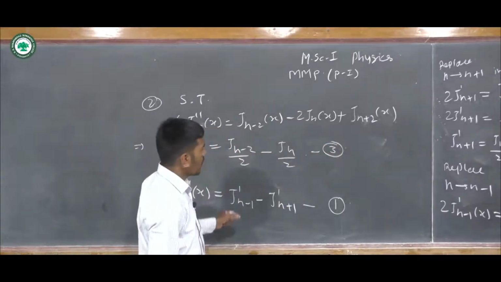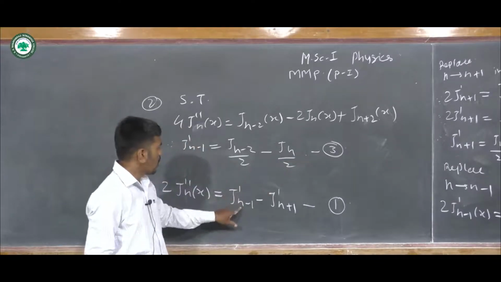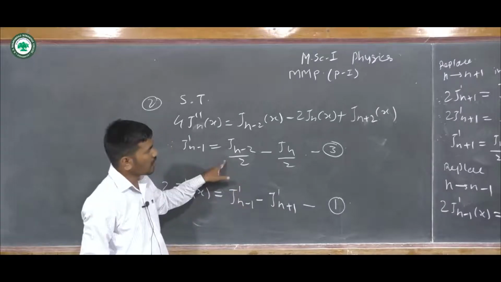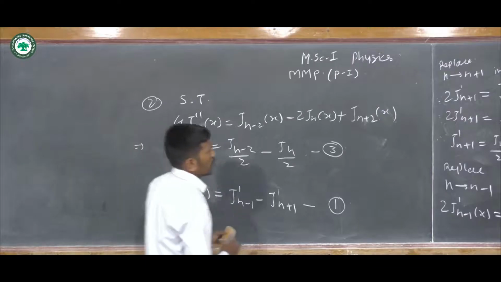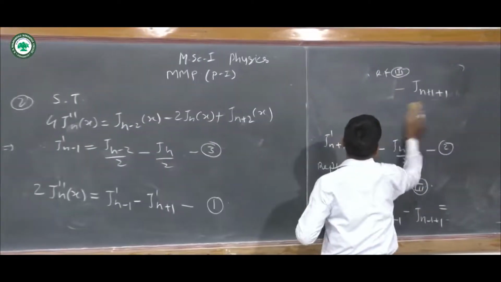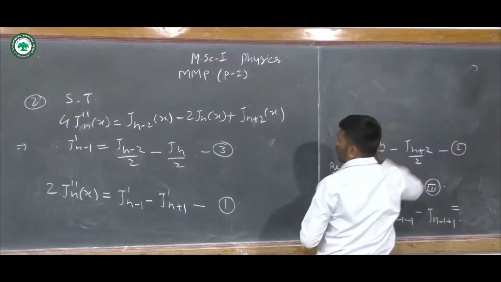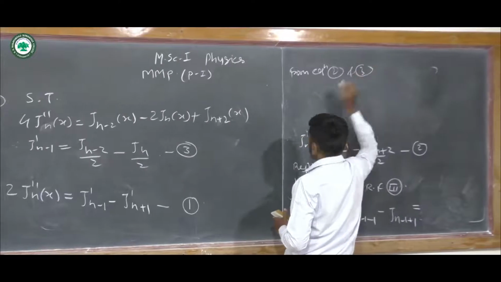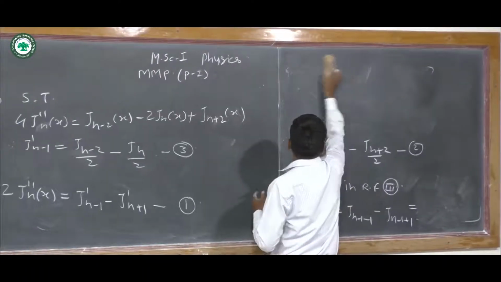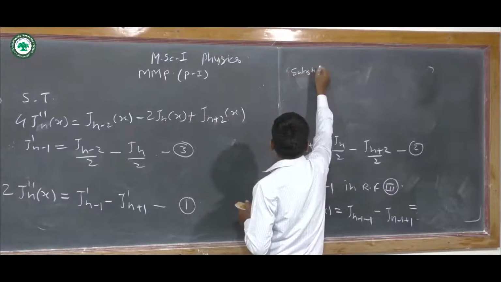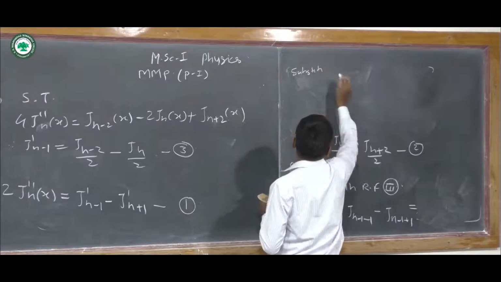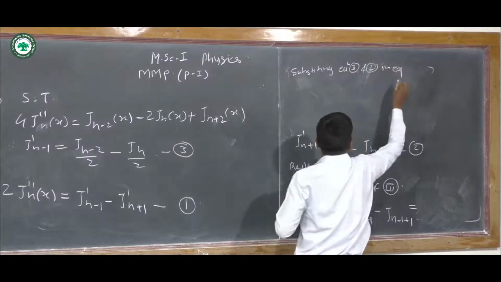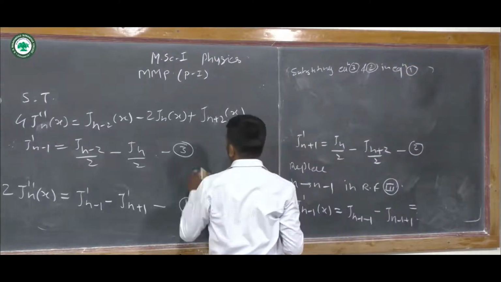Now from equation number second and equation number third, I take J'(n-1) from equation number third and J'(n+1) from equation number second, and substitute them in equation number 1.